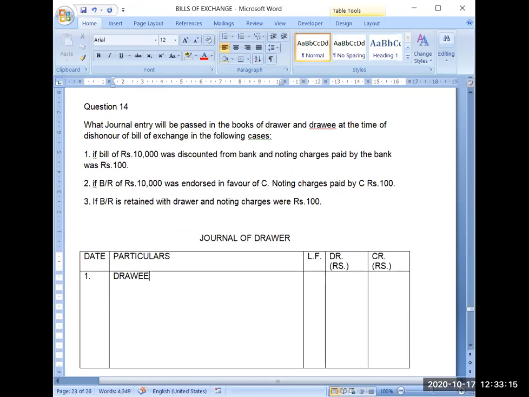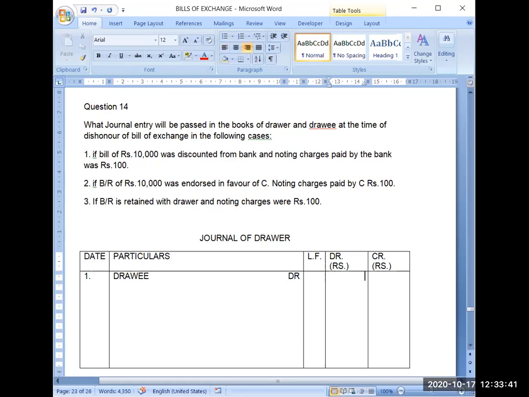So drawee account debit. We don't know the name, so that's why we are using the words drawer and drawee. 10,000, and he has to pay the amount to bank. That's why his bank balance will reduce: to bank account 10,000.